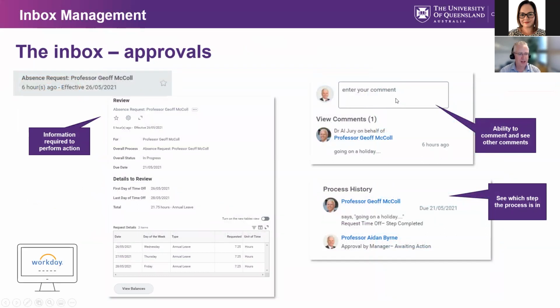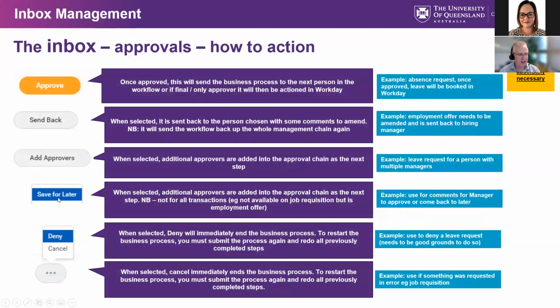If you hit the save for later button, it will save those comments in that particular task, but it won't approve it, it won't send it back, and it will just stay within that person's inbox. So you might, for instance, say to the head of school, if you're an executive assistant, this is now ready for your approval. Hit the save for later button, and that would save those comments against that particular to-do step. So again, very useful functionality to note for people who are working as delegates.